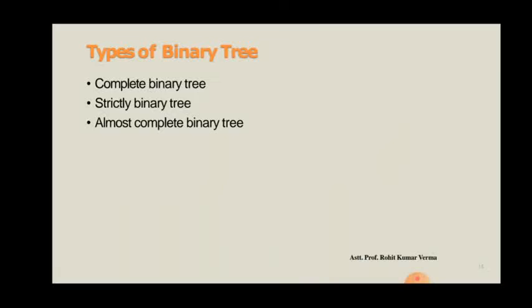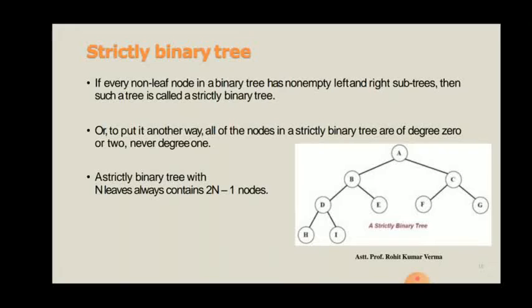Then types of binary tree. Dear students, there are three types of binary tree. Our first type is complete binary tree, our second type is strictly binary tree, and our third type is almost complete binary tree. We can learn these one by one. First of all, we have strict binary tree.